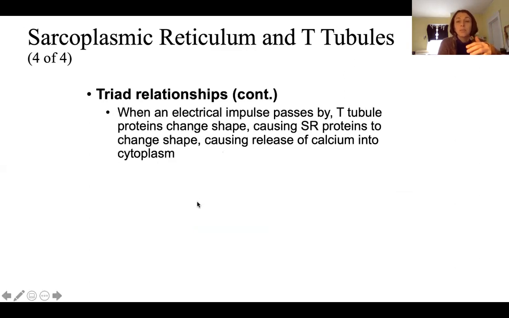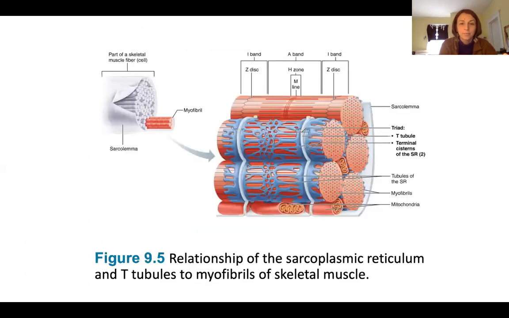So an electrical impulse comes by, the T-tubule proteins change shape, they cause the sarcoplasmic reticulum proteins to change shape, and this causes the release of the calcium. Okay, so we get an electrical impulse, it causes the T-tubules to change shape, this causes the sarcoplasmic reticulum to release the calcium into the muscle for delivering that information.